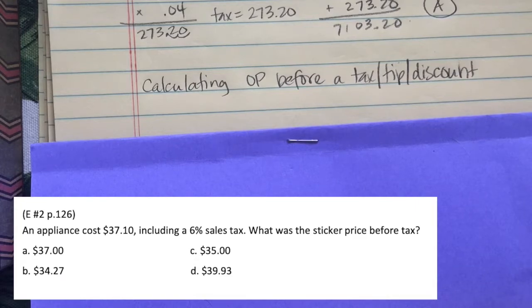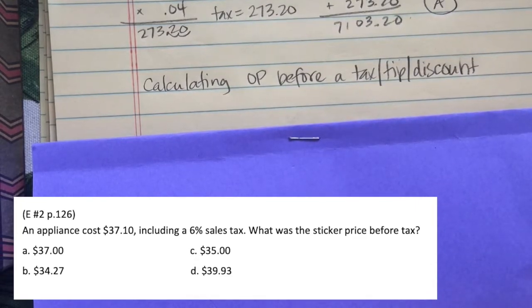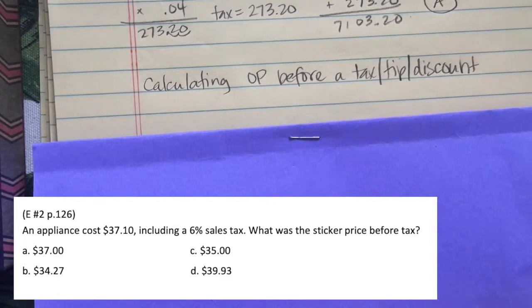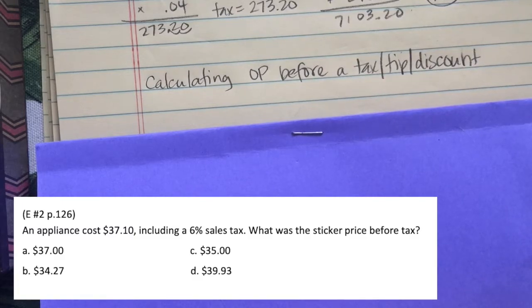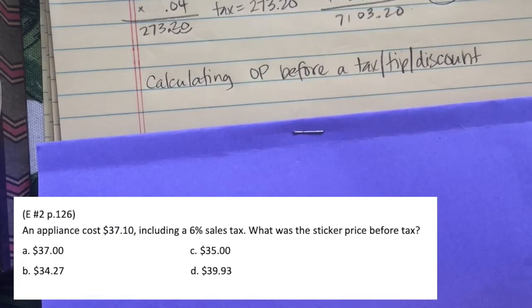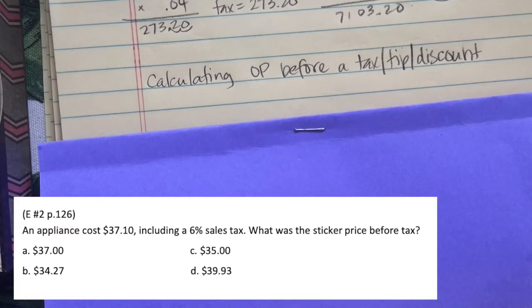What was the sticker price before tax? With this problem, that price that they're giving you, the $37.10, they're telling you that that is the price with the sales tax. So your job here is to calculate what the original price is before tax, okay?